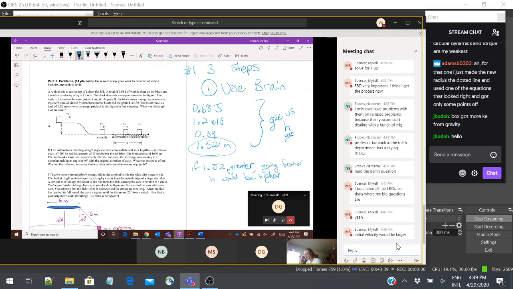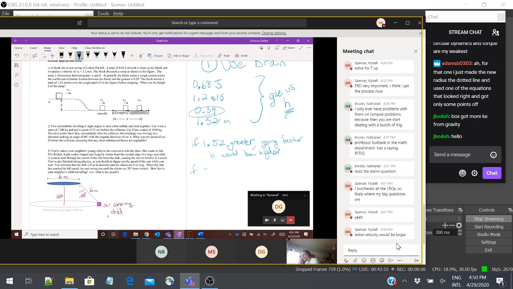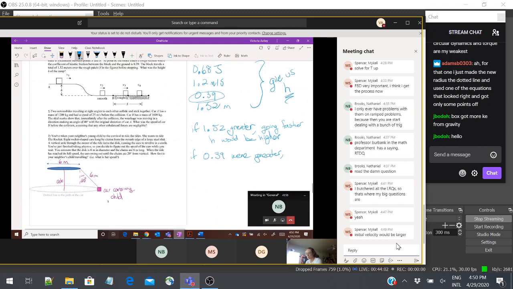What about the 0.39? How does this play into it? So if 0.39 were bigger, tell me what you think.